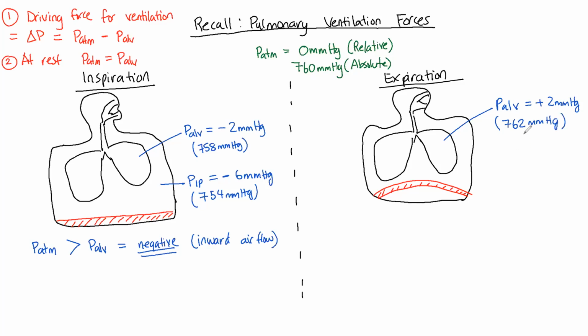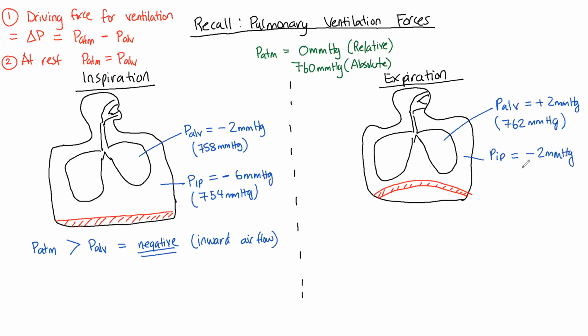Okay, and then in the intrapleural space, remember, there still always has to be more negative than what's happening in the alveoli. So the intrapleural pressure here is going to be -2 millimeters of mercury.